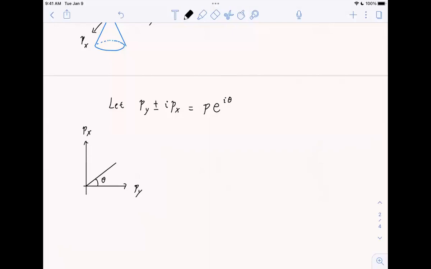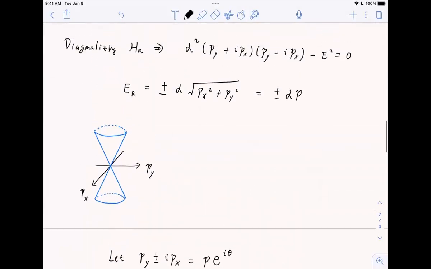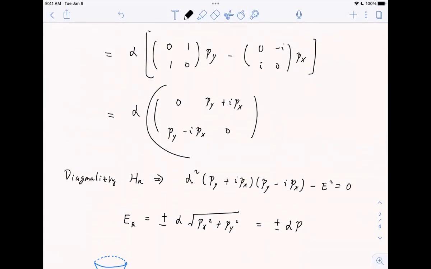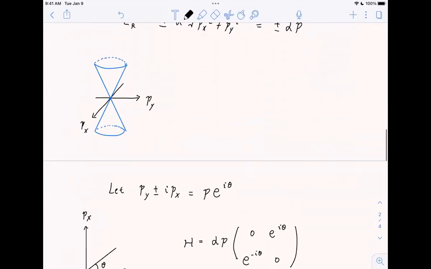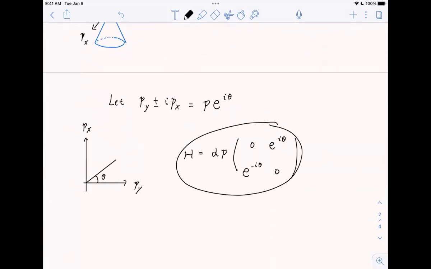So the Hamiltonian will be alpha P, and you just use polar coordinates. You change this Hamiltonian into this. I should use plus and minus.